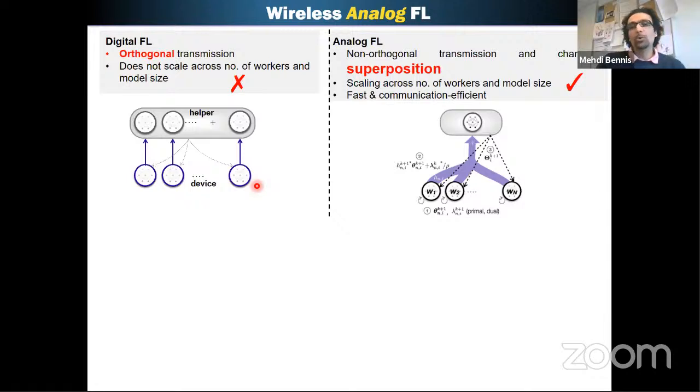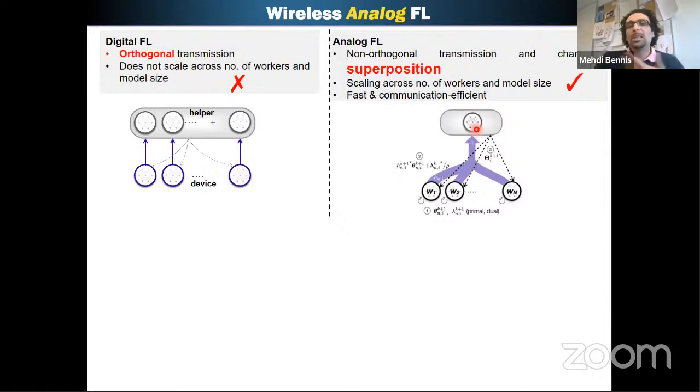Now, what if you could solve this issue by trying to orthogonalize the transmissions? You would run out of spectrum quickly. The other paradigm is you flip it a little bit upside down, and since we are not interested in decoding the individual models, remember in federated learning, what you want to decode is the average model. So here, we can leverage principles from analog communication, leveraging the superposition nature of the wireless channel to aggregate the models at the server.